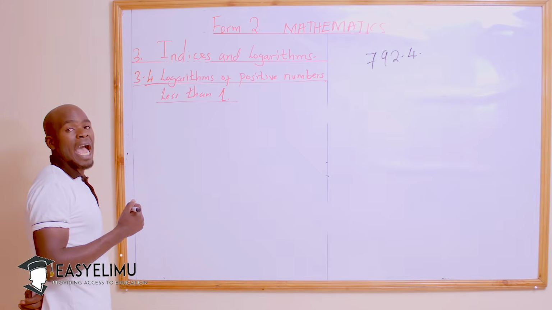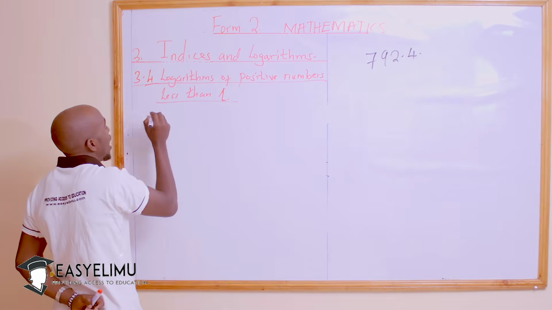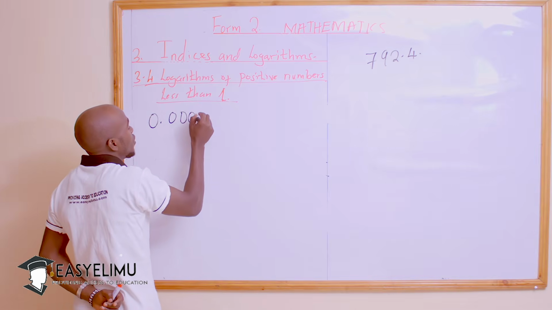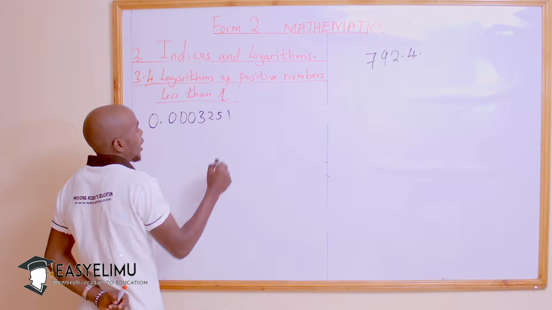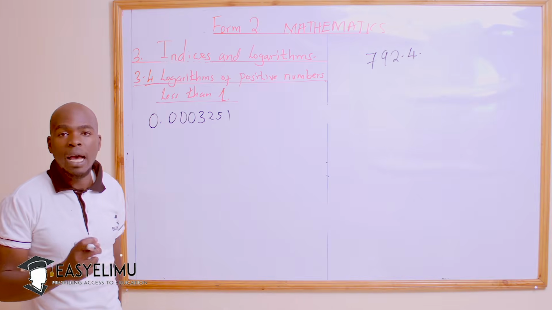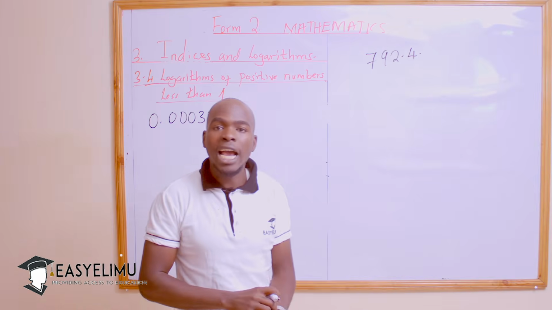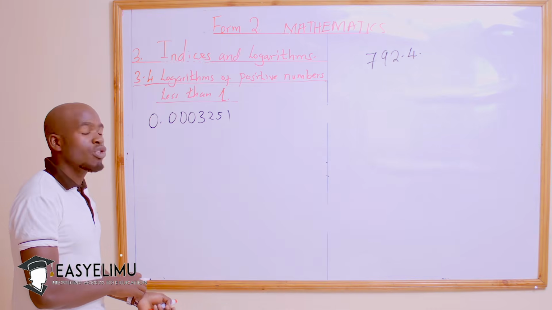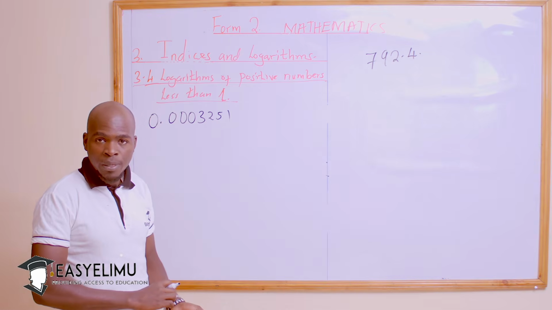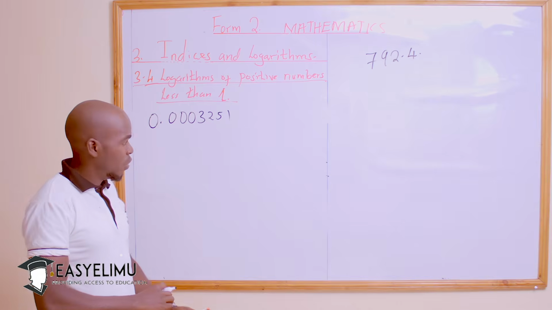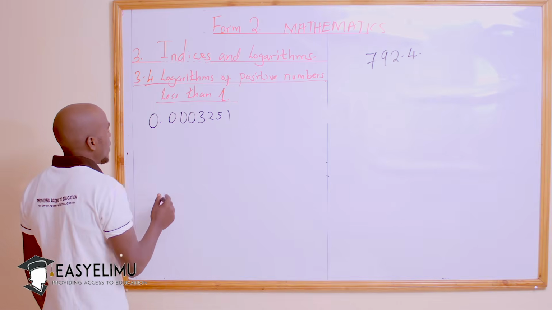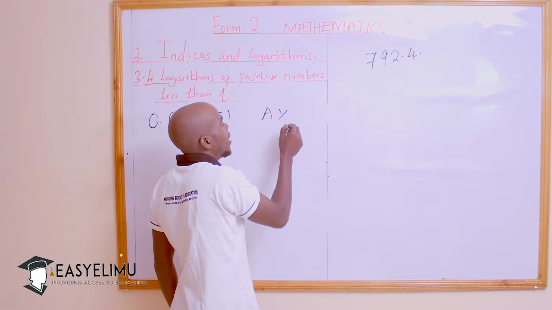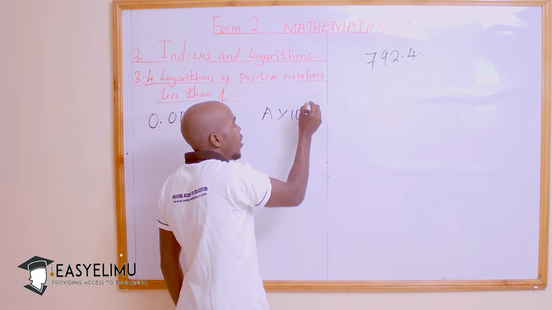We shall consider an example on that, and for example, I shall take 0.0003251. In case we have that number and you are being asked to find the logarithm of that number to base of 10, the first thing you are required to do is change the number to standard form. And how do you do that? Remember, standard form takes the form of m multiplied by 10 raised to n.